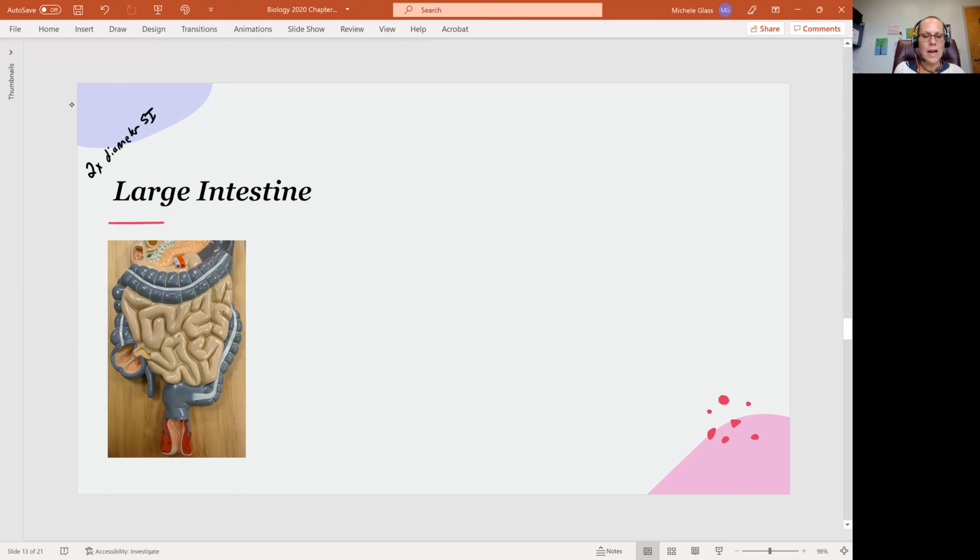Okay, when we talk about the large intestine, let's talk about it as finishing absorption of water, which remember we said we're absorbing 90% of our water in the small intestine. So there's only a little bit remaining here.